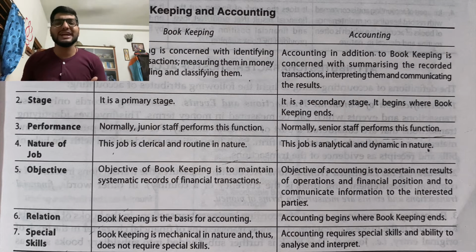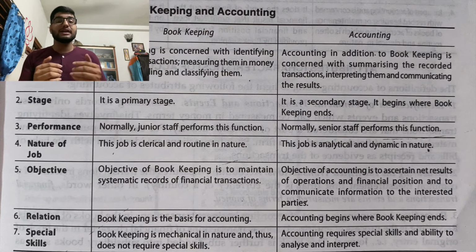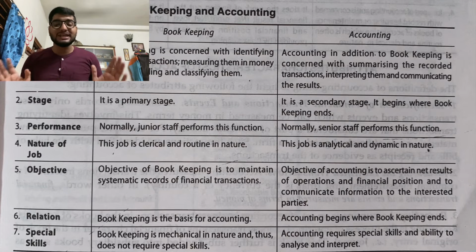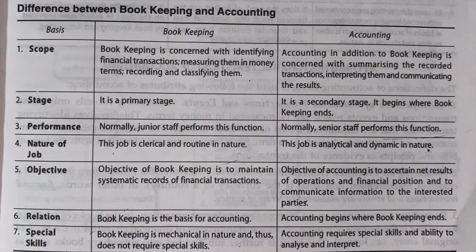Just to write it down in a recorded manner, we do not need a special skill. So bookkeeping is basic, and accounting obviously needs special skills because you need to analyze the result and interpret it. That means you need to understand whether it is making profit or loss. So that is all about the difference between bookkeeping and accounting.